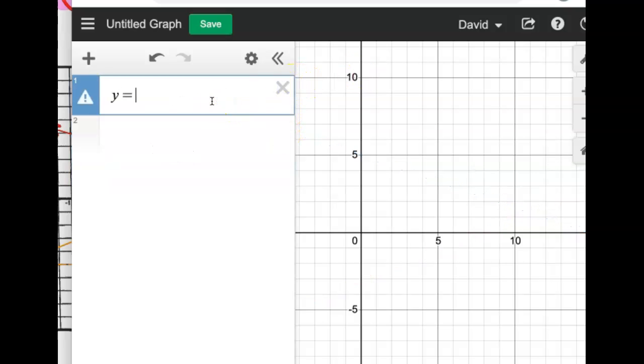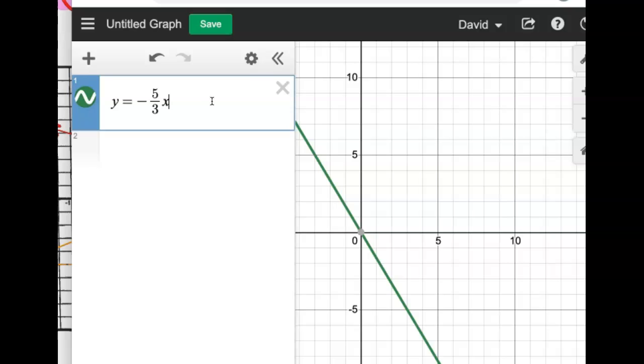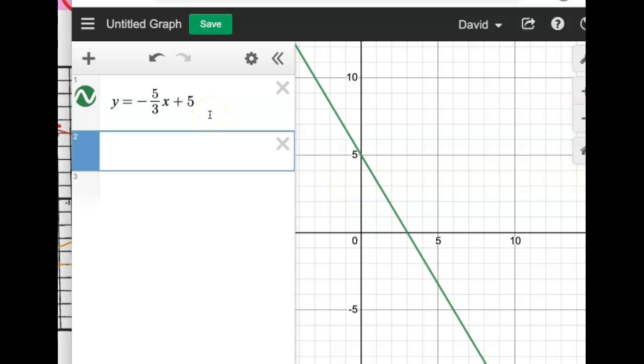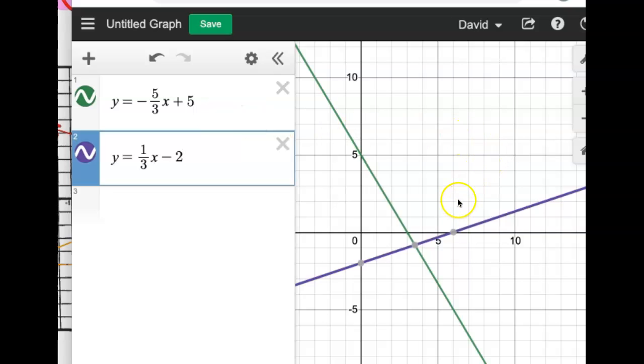I'll go y equals negative 5/3 x plus 5, and y equals 1/3 x minus 2. And it looks like they intersect at the point 3.5 comma negative 0.8.